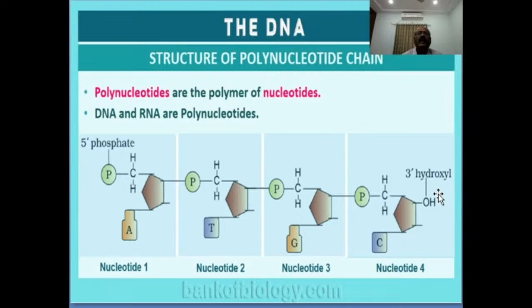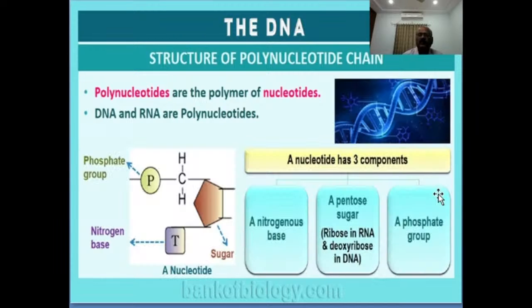So DNA and RNA are made up of nucleotides. That's why these are called polynucleotide chains. Polynucleotides are the polymers of nucleotides. DNA and RNA are polynucleotides. In a nucleotide, 3 components are there: nitrogen base, pentose sugar, and a phosphate group.